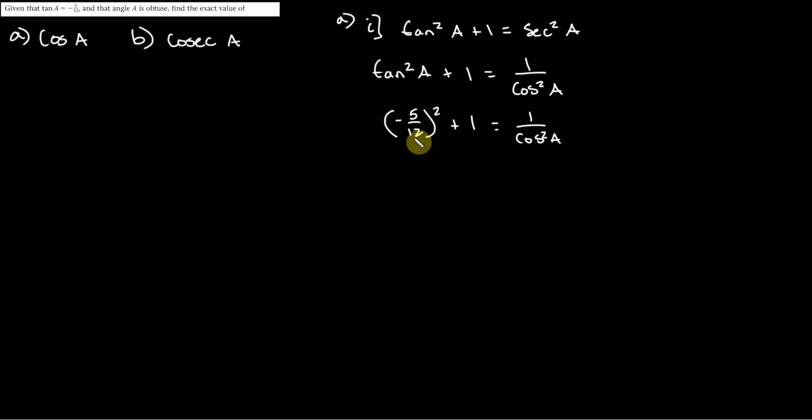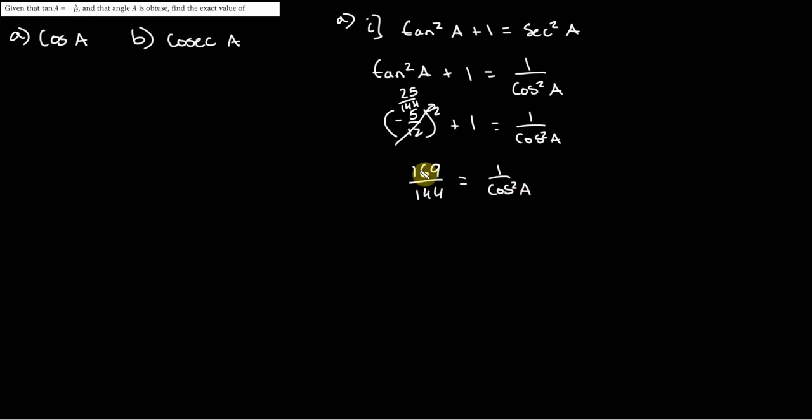So what is this squared? That's 25 over 144. If you add 1, it's 25 plus 144, which is 169 over 144. So we have 169 over 144 on the left, and 1 over cos squared A on the right.